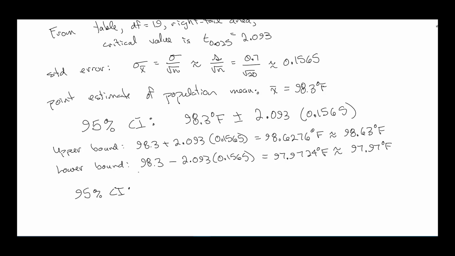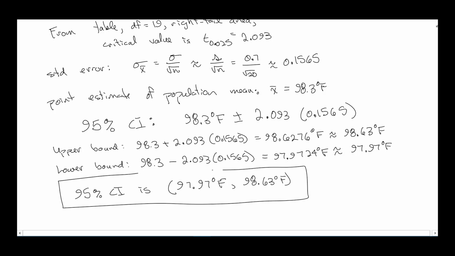Actually, let's write it as a sentence. So be sure in your interval notation you always put the smaller one first. And so remember, you could lay those out on a number line.